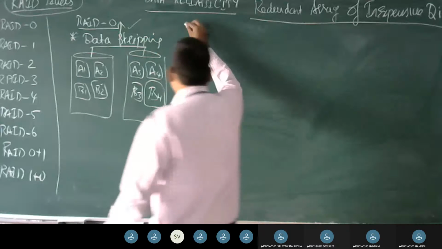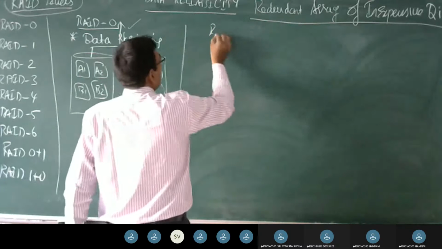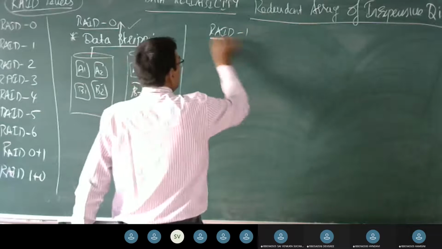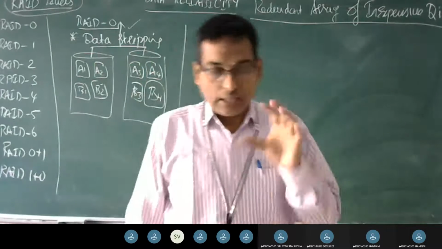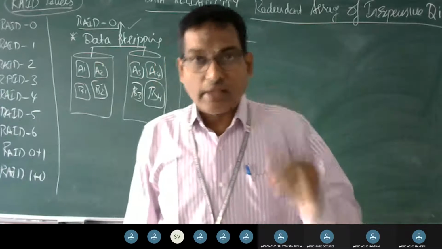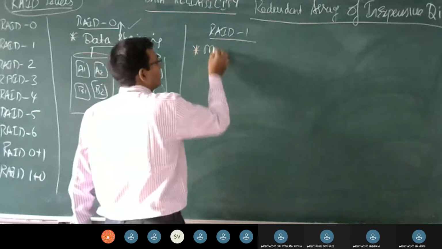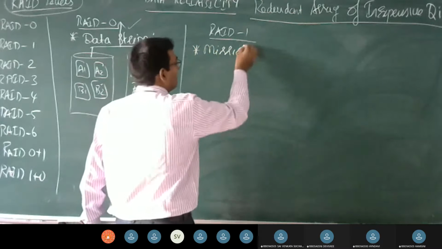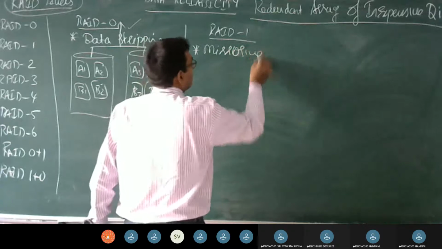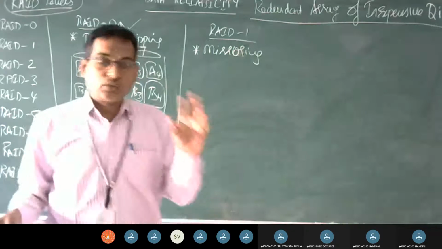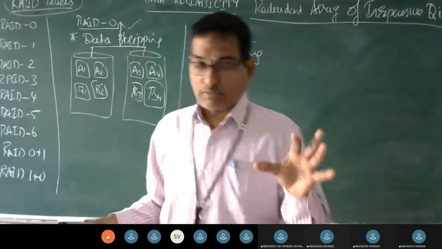The next level is RAID 1. In RAID 1, the main intention was mirroring.